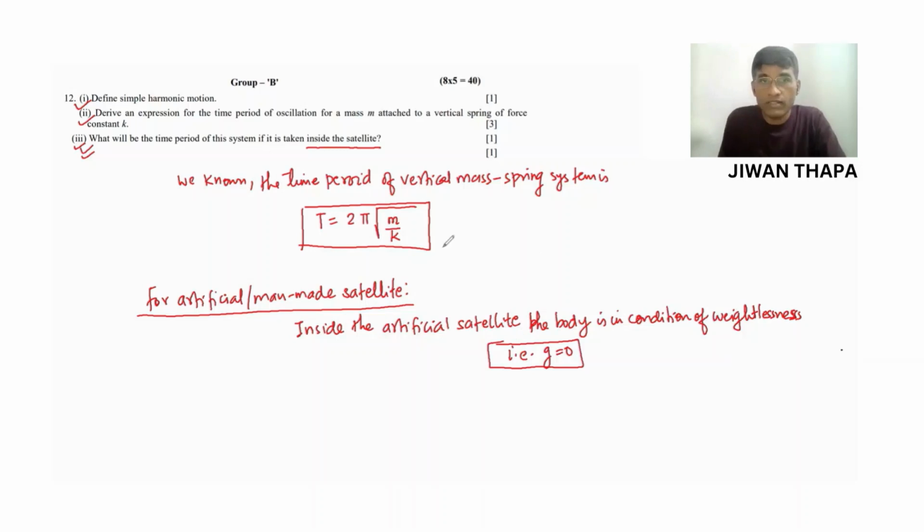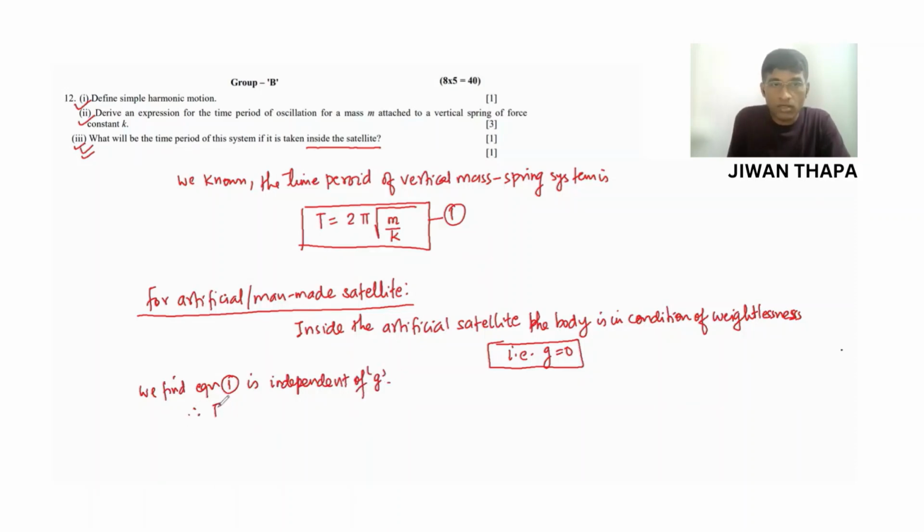Now what do you find? Let us call it equation 1. We find equation 1 is independent of g.